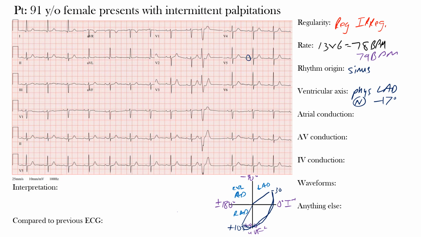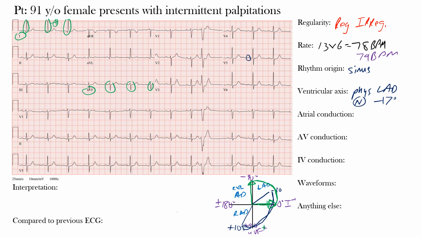So we're going to look at leads 1 and AVF first. So here's lead 1. Notice that we have these QRS complexes that are upright and positive. That means we're heading towards the positive end of lead 1, and then we're going to look at AVF. And notice that in AVF, these are negative complexes, meaning that we're going away from this positive end towards negative 90. That means our axis lies somewhere in this region.